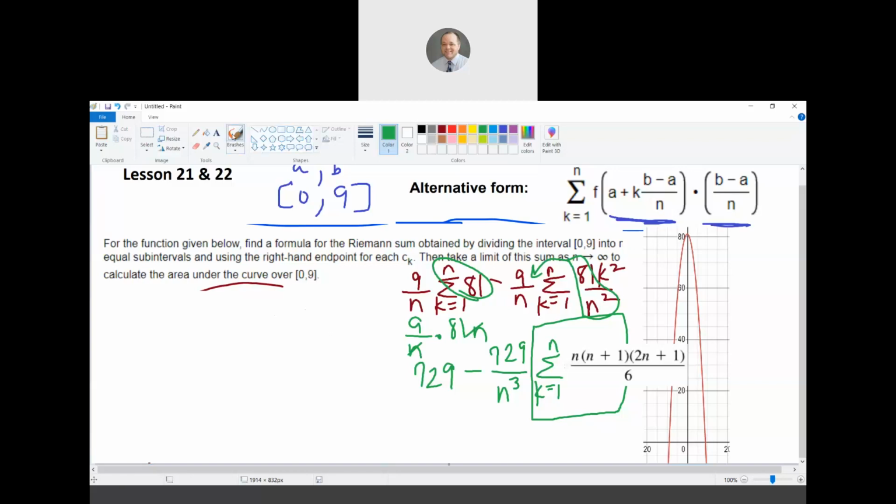Now, when you multiply n times n plus 1 times 2n plus 1, I'm not going to show it to you here, but that's just a straight multiplication. You should get 2n cubed plus 3n squared plus n, and that's all over 6.